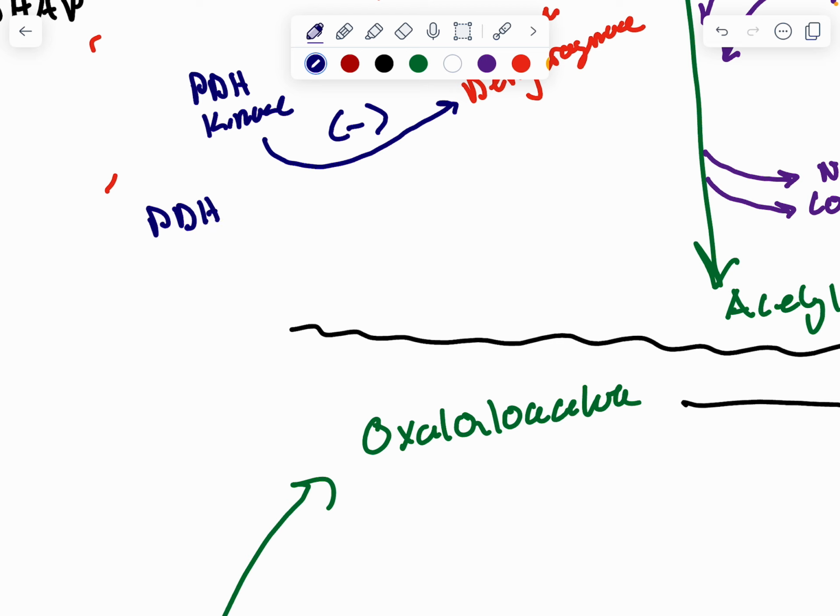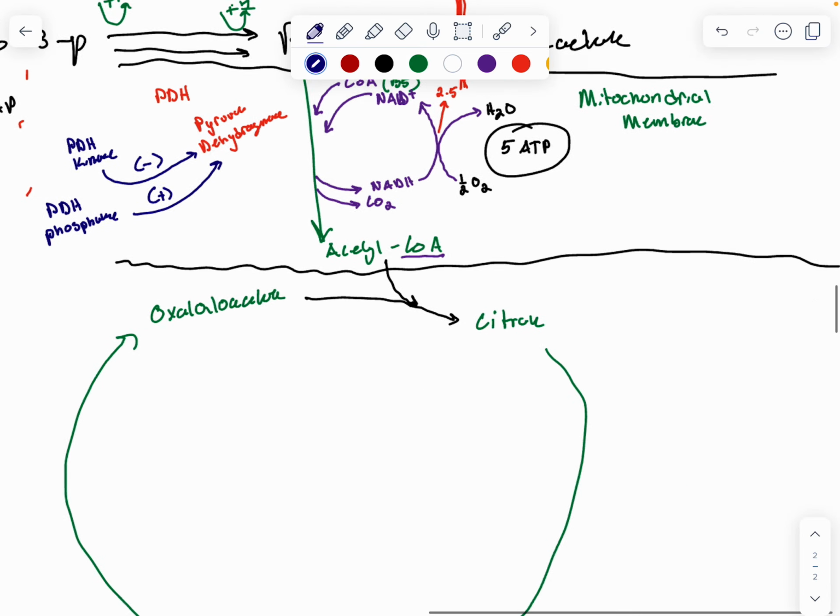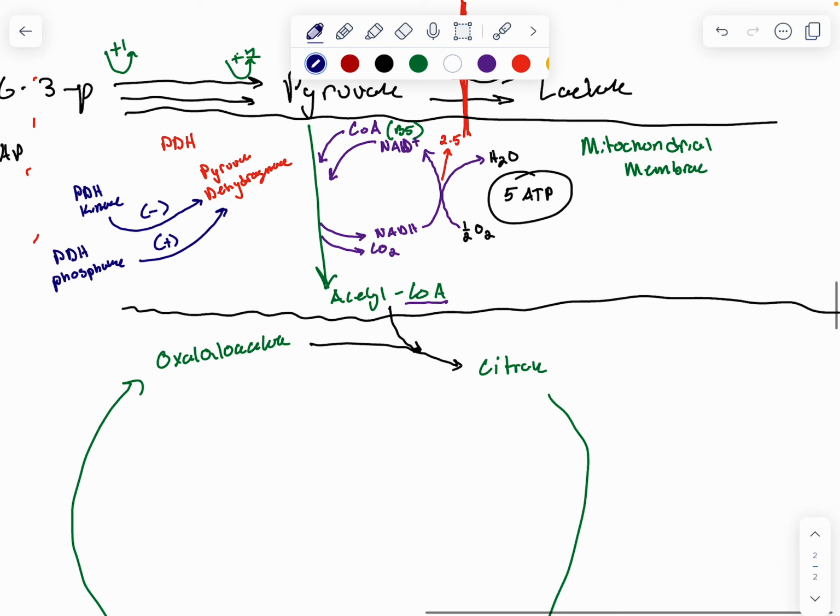I'm pretty sure. Let me fact check myself here. Yes, PDH phosphatase. And that'll be a positive modulator for this enzyme. That means we are turning it back on and getting it kicking again, allowing pyruvate dehydrogenase to convert pyruvate into acetyl-CoA.